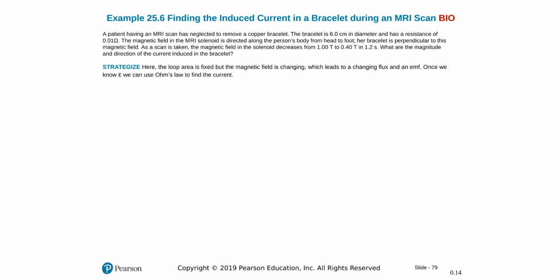A patient having an MRI scan has neglected to remove a copper bracelet. The bracelet is 6 centimeters and has a resistance of 0.01 ohms. So a patient here has a bracelet, forgot to remove a bracelet, so there will be a flux through that.